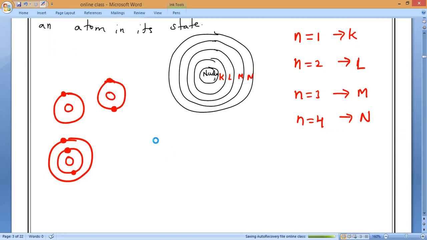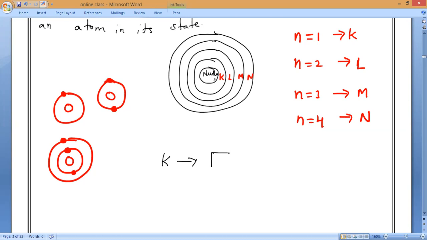Let us imagine our normal bus. If you notice, every shell has a different kind of bus, like big bus, small bus and so on. This is just for our purpose. Take the K shell, n equals 1.